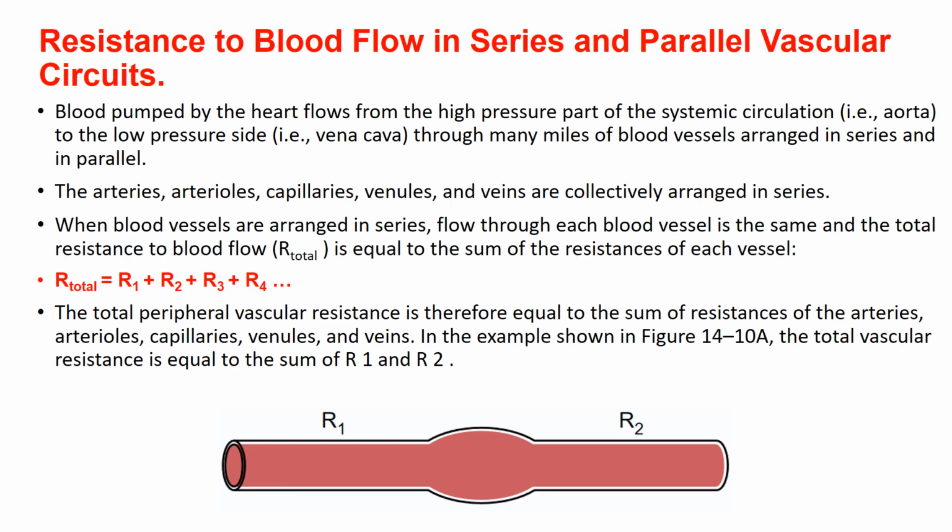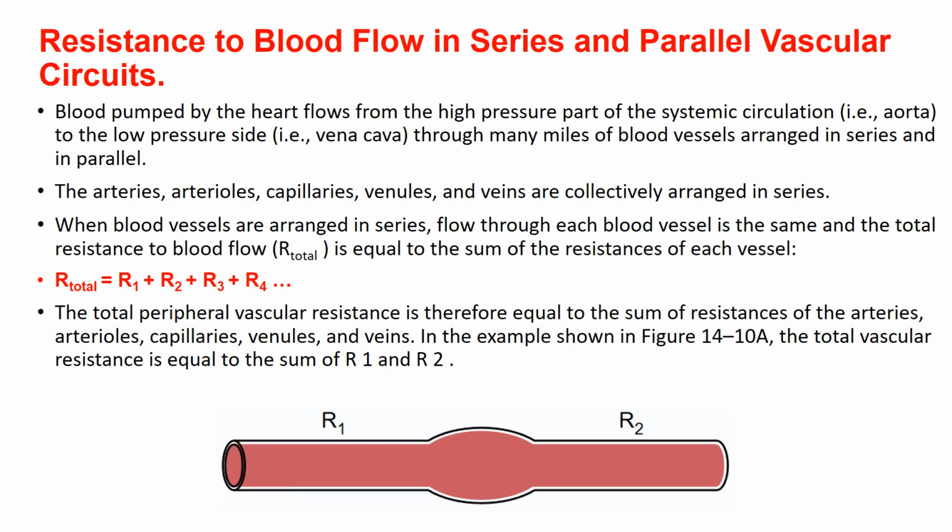Rtotal equals R1 plus R2 plus R3 plus R4. The total peripheral vascular resistance is therefore equal to the sum of resistances of the arteries, arterioles, capillaries, venules, and veins. In the example shown in the figure, the total vascular resistance is equal to the sum of R1 and R2.